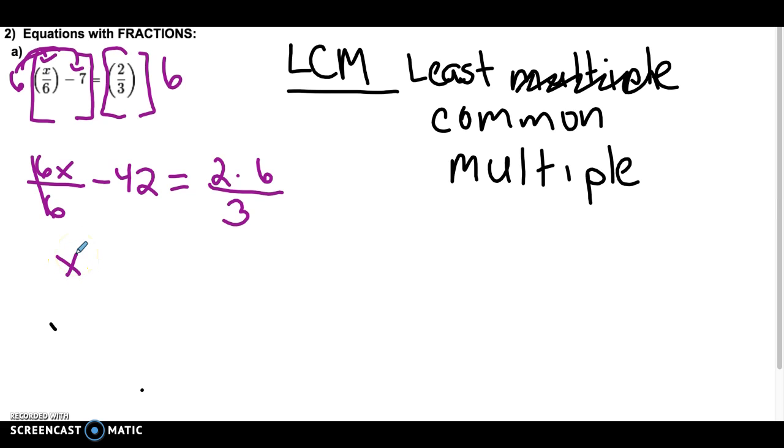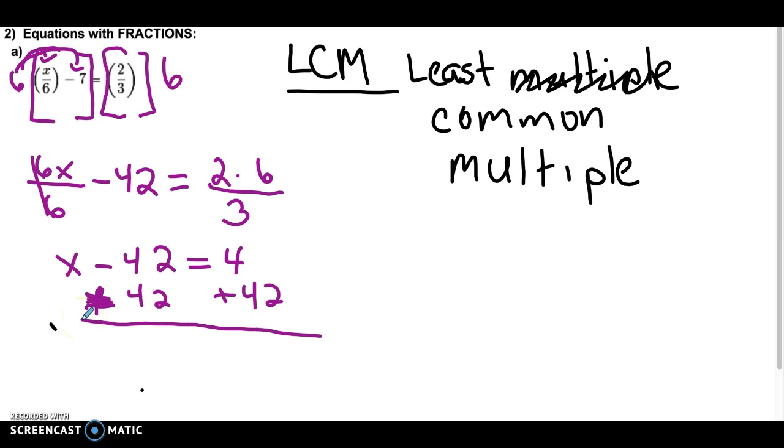So I have x minus 42 equals, this will be 12 divided by 3, which is 4. So then I'm going to add 42 to both sides. This is an addition. Okay. So you're going to have x equals 46.